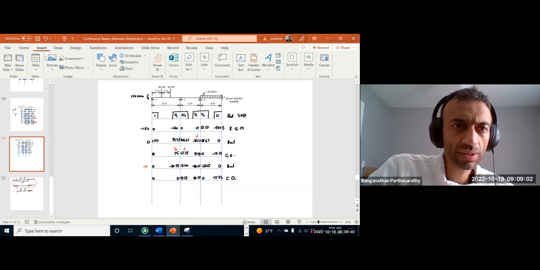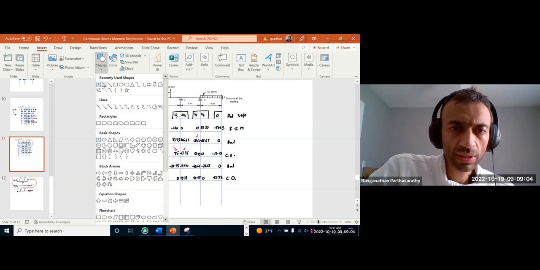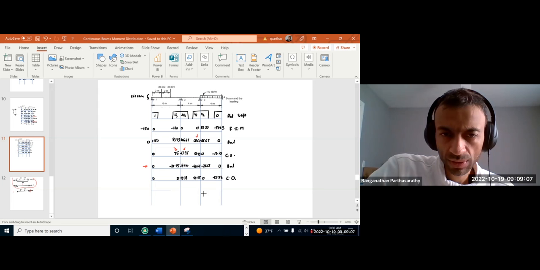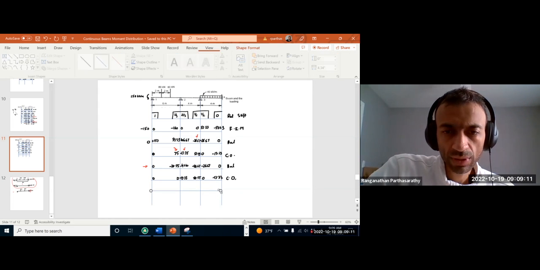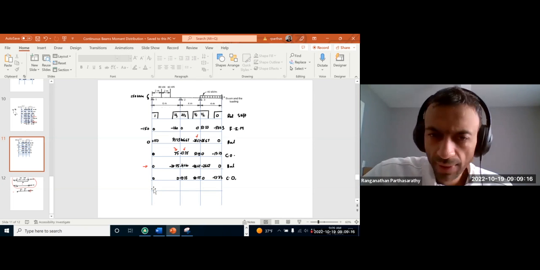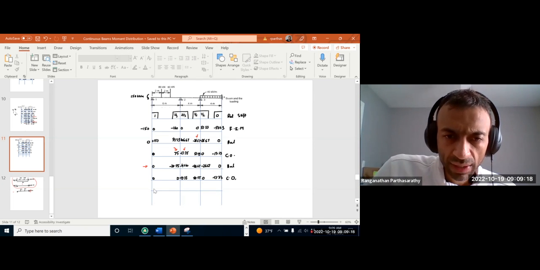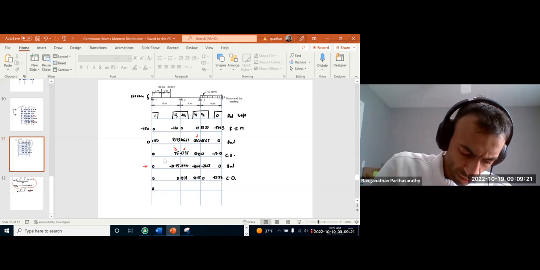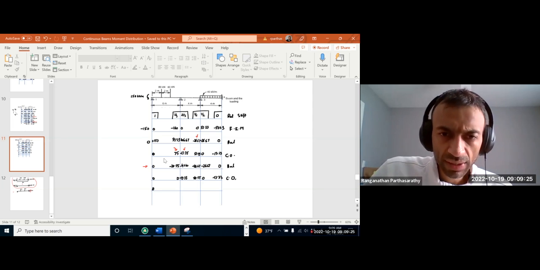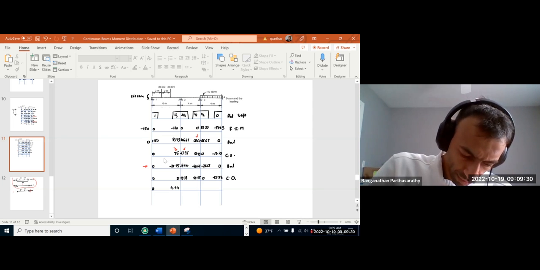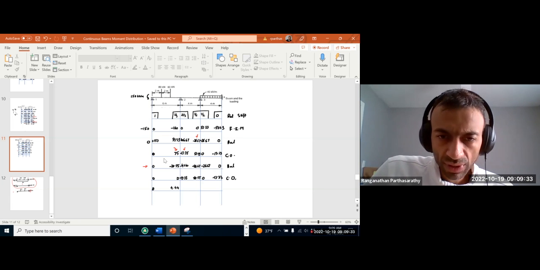Now we have here zero. We have negative 13.33, so we need to apply positive 13.33. 1/3 of that is positive 4.44, and positive 8.88.